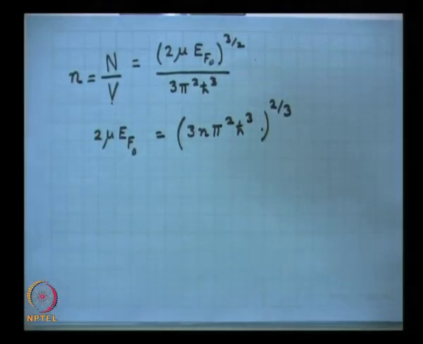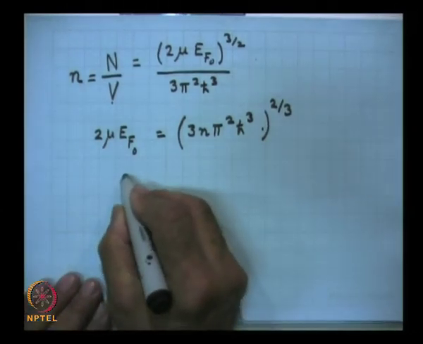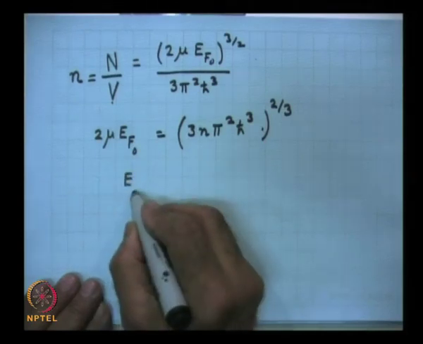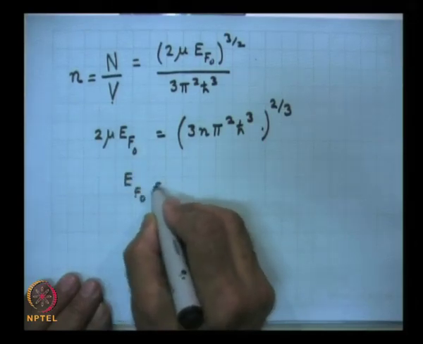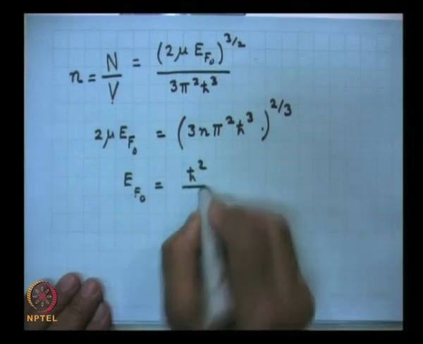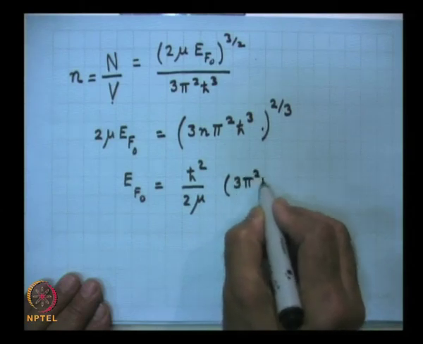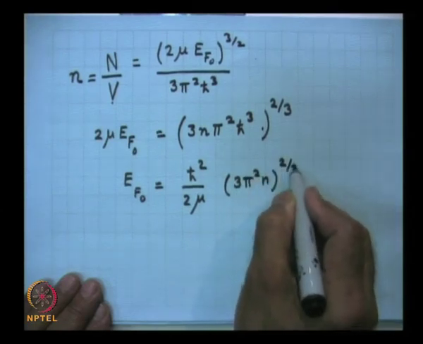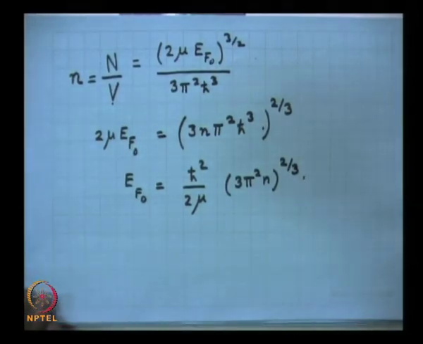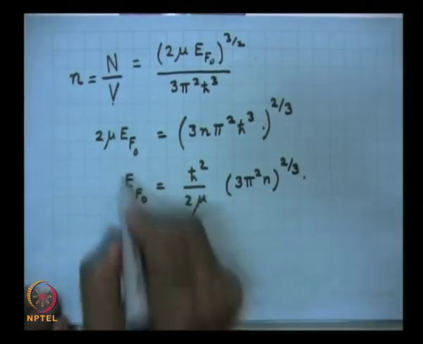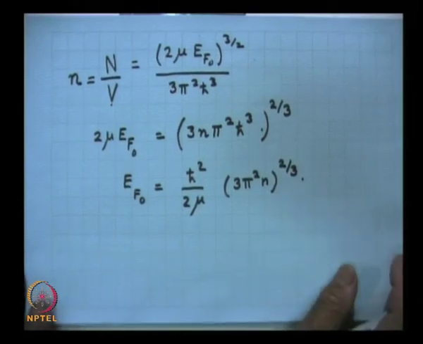So, this is the final result, so we will get E f 0 becomes h cross square by 2 mu multiplied by 3 pi square n raised to the power of 2 by 3. Now, this is the expression for the Fermi energy of the electron at absolute 0.